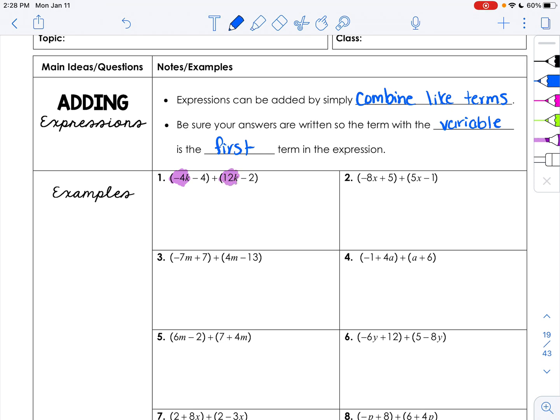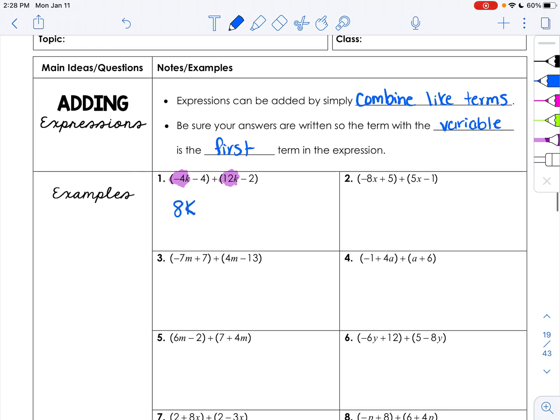Negative 4 plus 12 is 8, and their common variable is k. Then we're going to combine our constants, negative 4 and negative 2. Negative 4 minus 2 is negative 6. So when we add these two expressions, we get 8k minus 6.